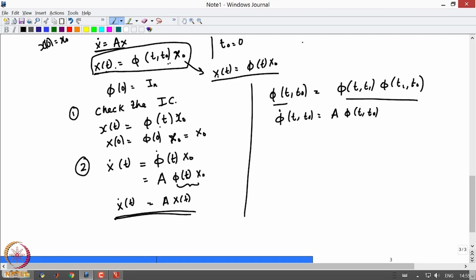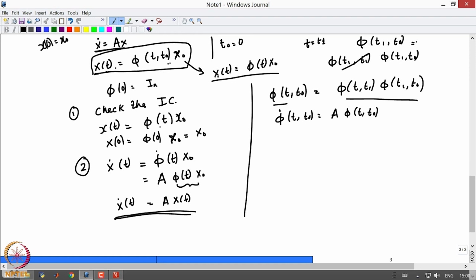So, let me check at t equal to t1. At t equal to t1, on the left hand side I have phi t1 comma t naught, on the right hand side what I have is phi t1 comma t1 phi t1 comma t naught. Now, what is phi t1 t1? This is the identity, and therefore, they both agree at point t1.